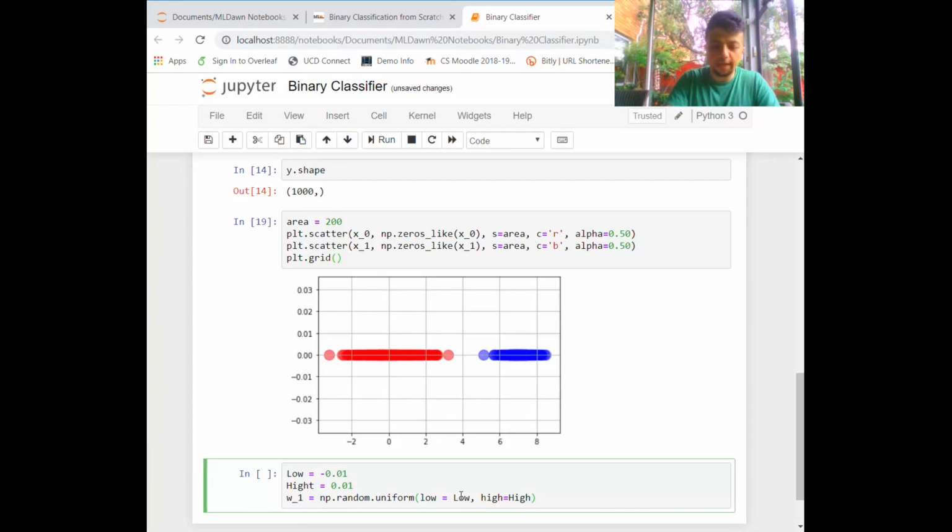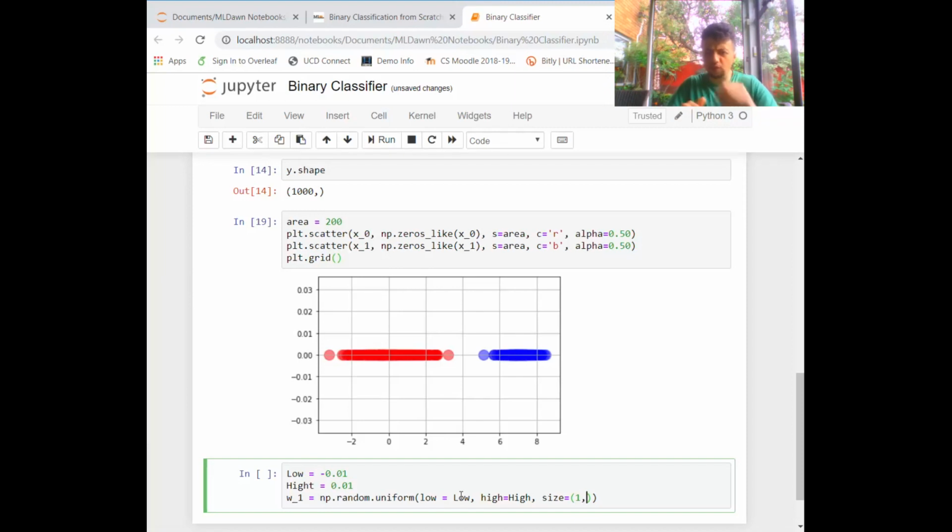You also need to define the size, as to what shape you would like to generate these random samples. Remember, this whole command will return a NumPy array, but the size you want is just one value, right? This is how you would put it: 1 comma.